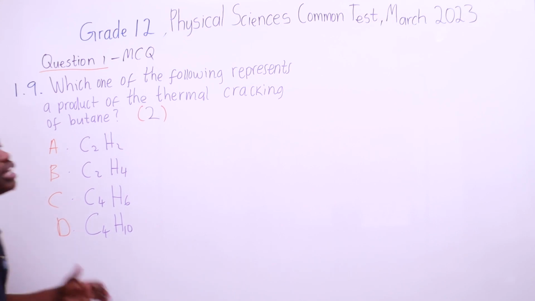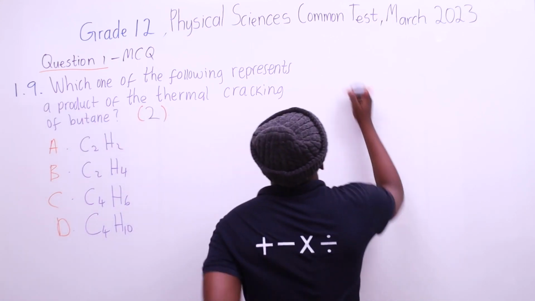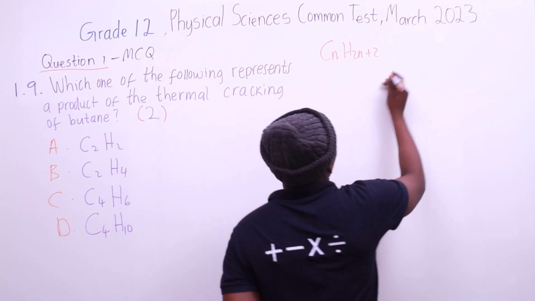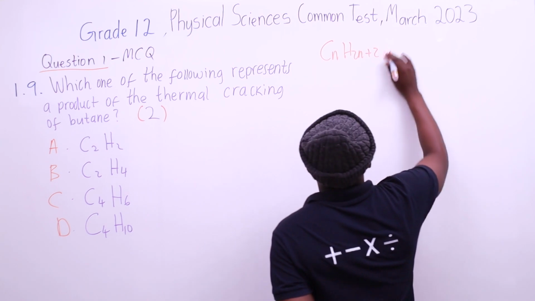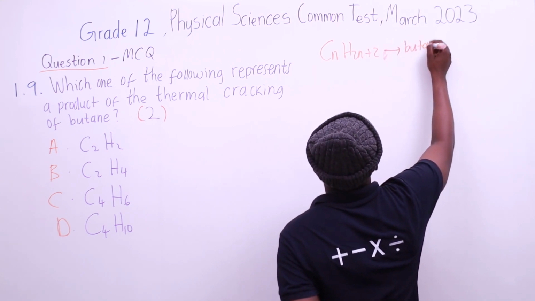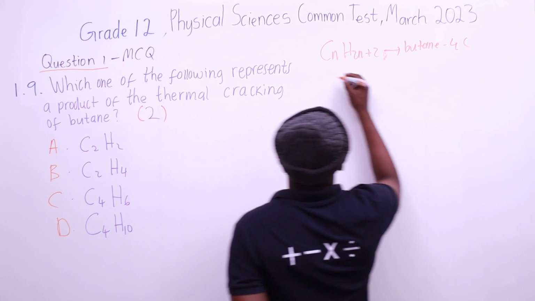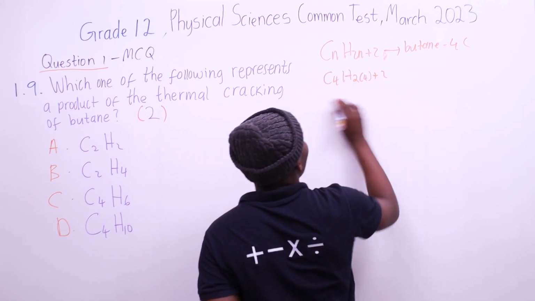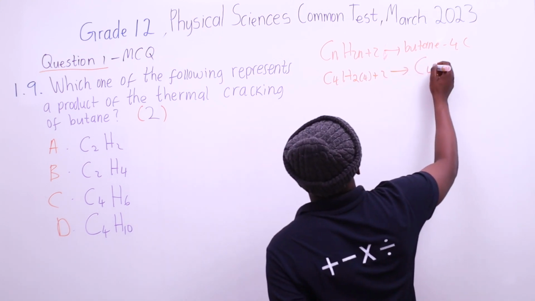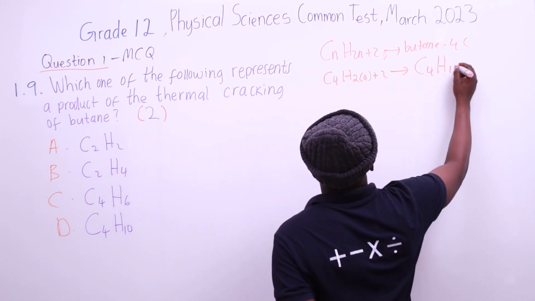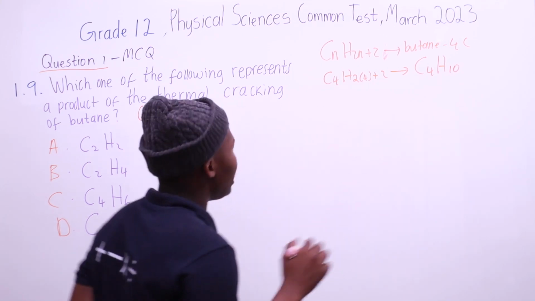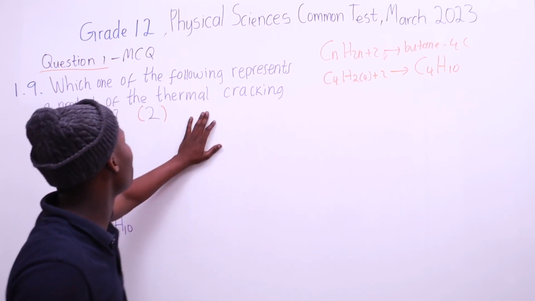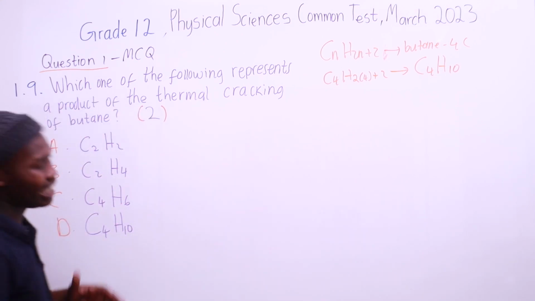So, how do we get butane? Remember the formula is CnH2n+2, the formula for alkanes. So butane with 4 carbon atoms gives C4H(2 times 4 plus 2), so C4H10. That is the formula of butane which will undergo thermal cracking.